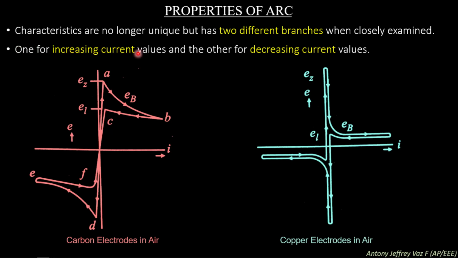One for increasing current values and the other for decreasing current values. You can see the current value is increasing in this portion and here also. So for decreasing current values, we can see this side, the negative side, and for the increasing current values, we can see the first quadrant.